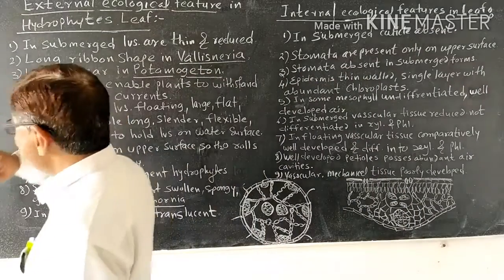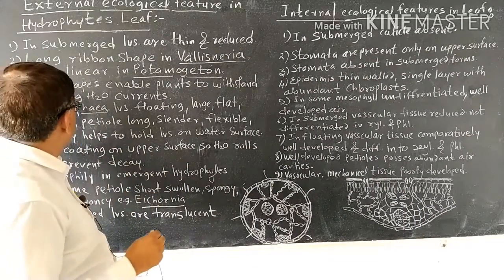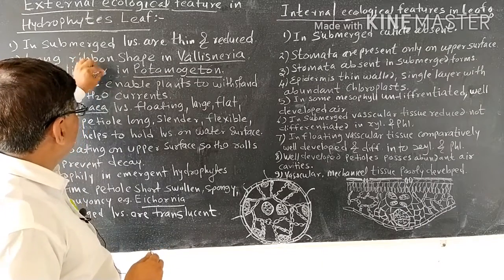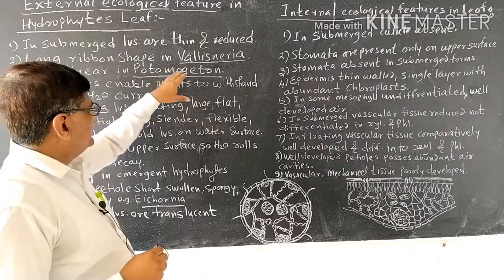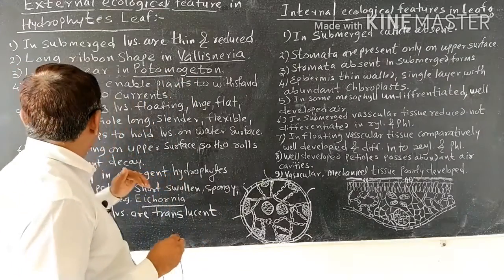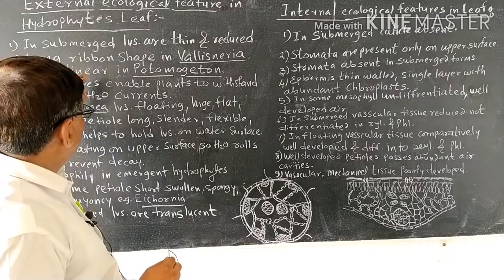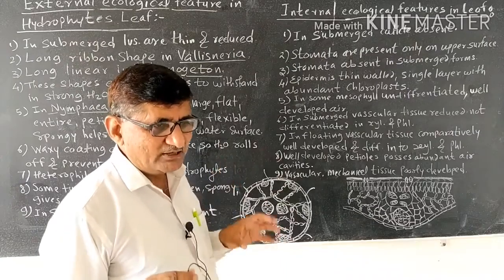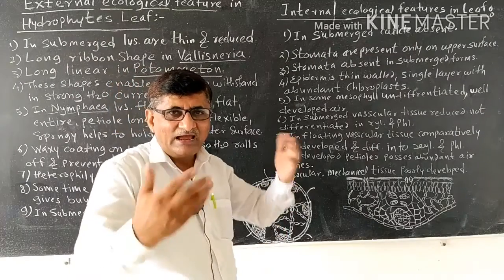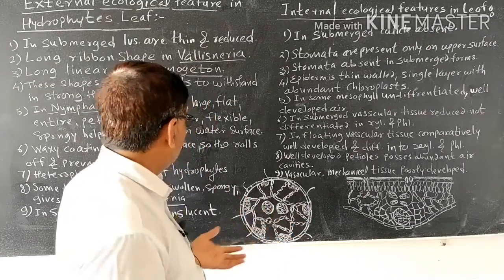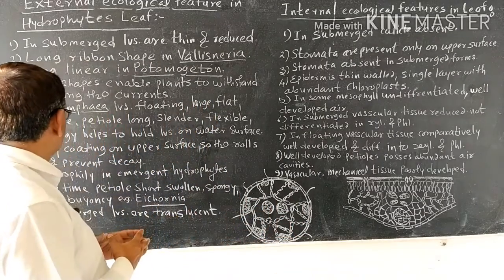In some cases the leaves are long and linear. Linear means narrow or elongated. For example, in Potamogeton you will see linear leaves. So these different leaf shapes help the hydrophytic plant to withstand adverse environmental conditions, or to withstand the water current.